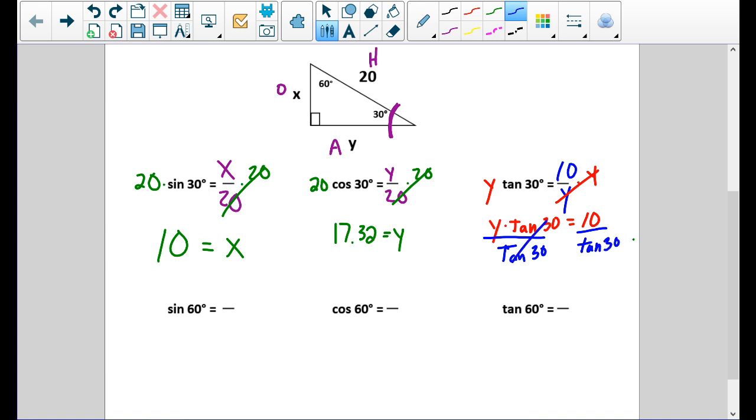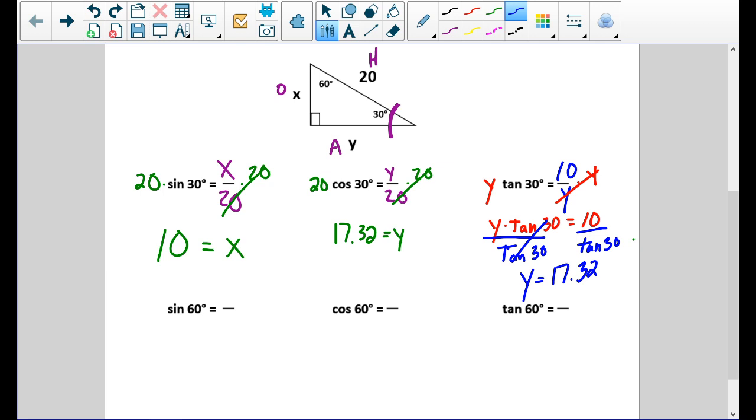When the variable's in the bottom, the variable and the sine, cosine, or tangent switch spots. So we type in 10 divided by tangent 30. What do we get? 17.32. We get the same thing we had before.